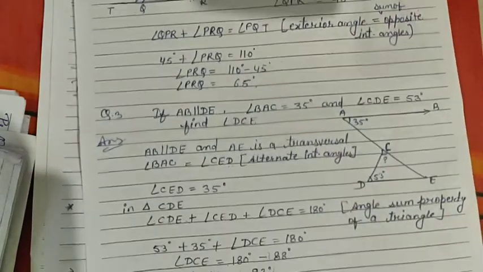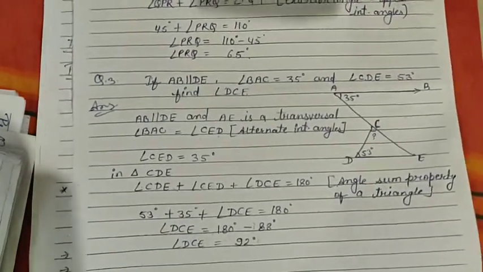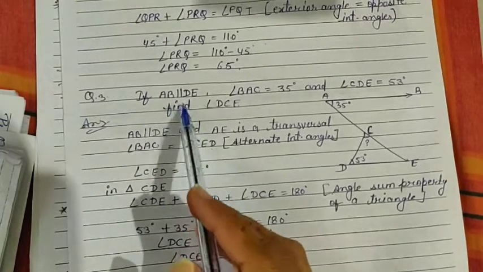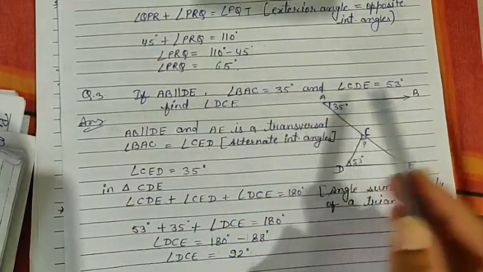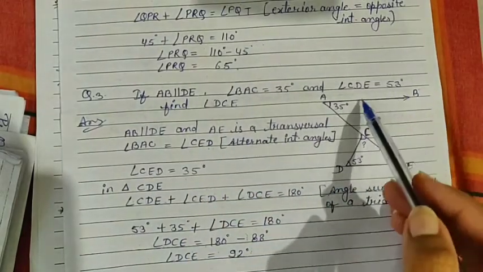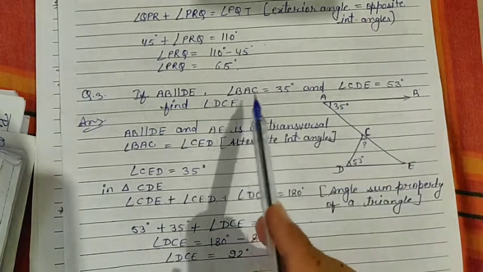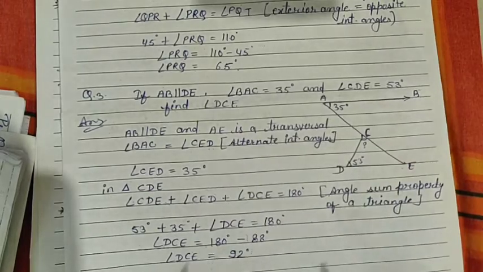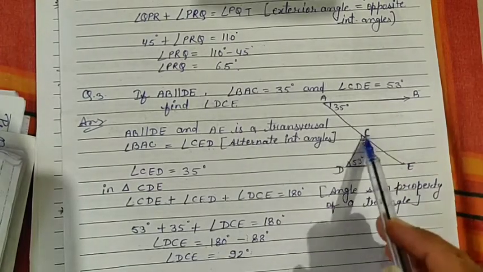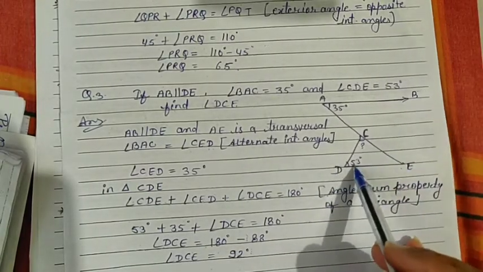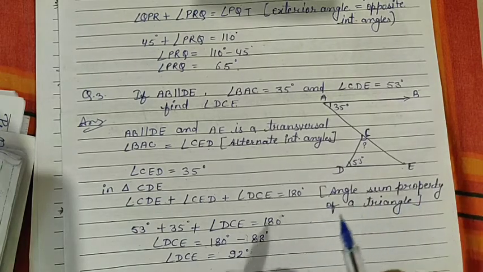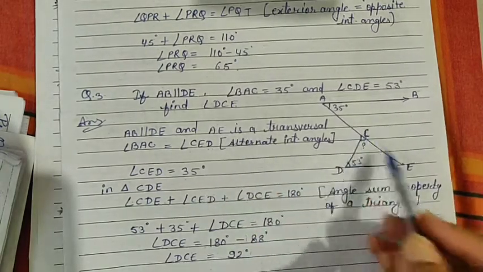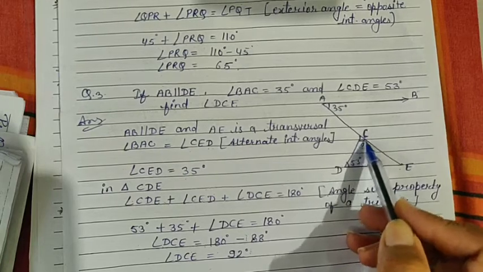Okay, now question number 3 of exercise 6.3: if AB is parallel to DE, this is AB and this is DE, and angle BAC equals 35 degrees, and angle CDE equals 53 degrees, we have to find the value of DCE. We have to find the value of this angle.